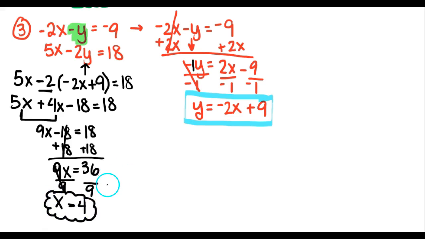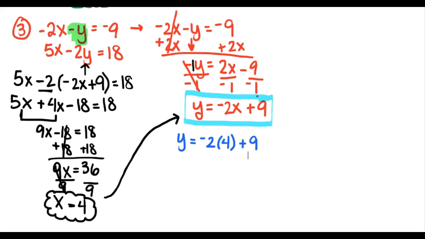Okay, and remember how we already had this nice lovely thing that told us what y is? So I'm going to take out the x value, put in that 4 that we found. So it's y equals -2 times 4 plus 9. One of the reasons I want to tell you that when we take out the x and we put in that 4, we're multiplying, is because there's not an addition or subtraction sign in between.